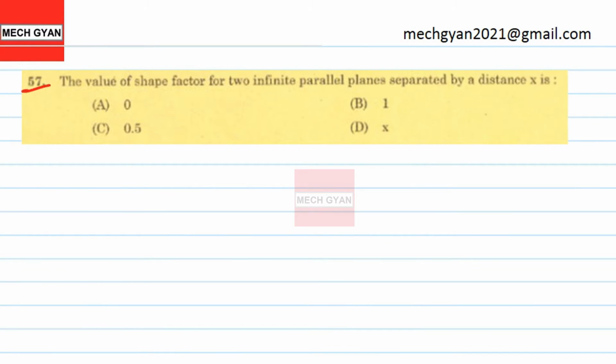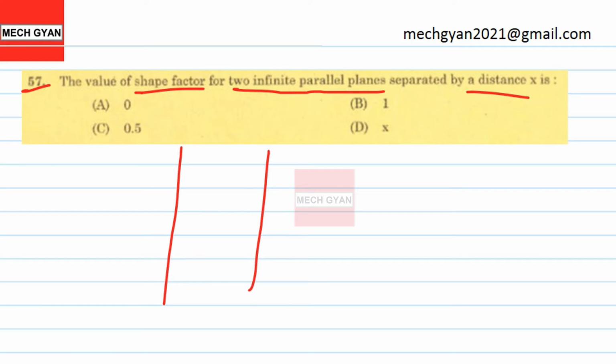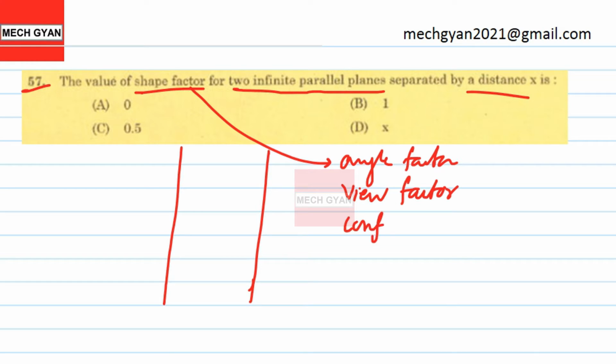So question number 57. The value of shape factor for two infinite parallel planes separated by a distance x. Shape factor is also known as angle factor, view factor or configuration factor, etc. For infinite parallel planes, shape factor is defined as the fraction of radiative energy that is diffused from one surface and strikes the other surface directly.